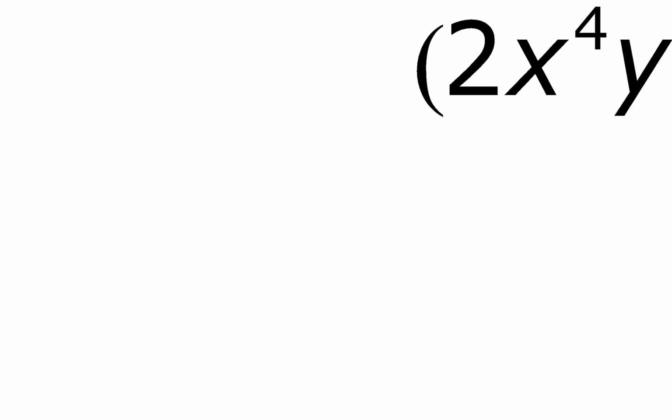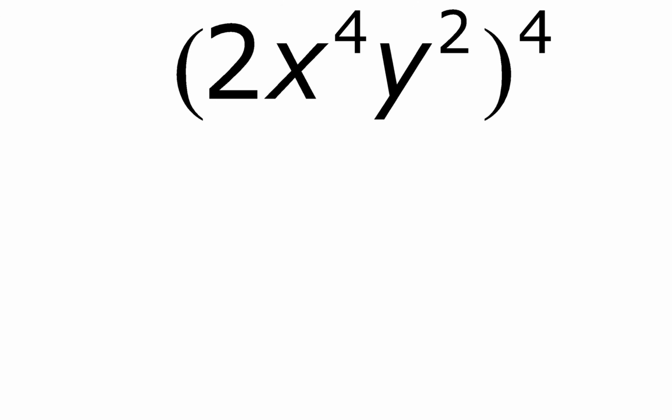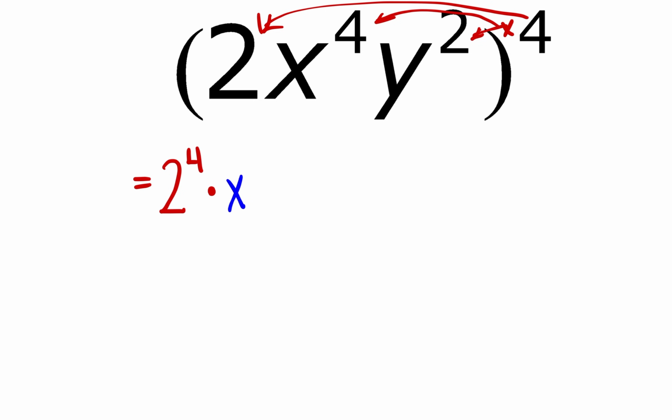For the next one, we have an exponent next to a parentheses. If you ever see this, you have to multiply. So you're going to multiply this exponent to the exponent right here, which is a 1, to this 4, and to this 2. So now I have 2 to the 4th power times x to the 4 times 4, which gives us 16, times y to the 2 times 4, which gives us positive 8.